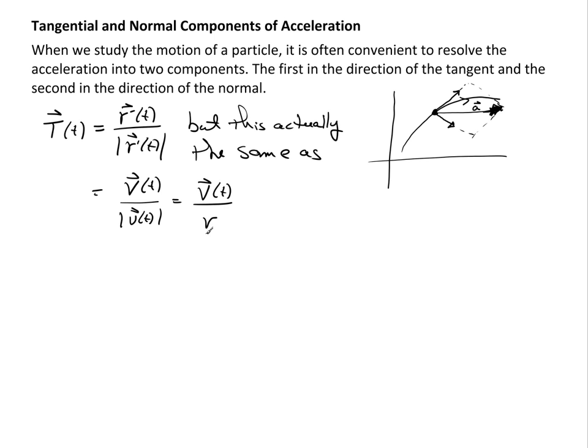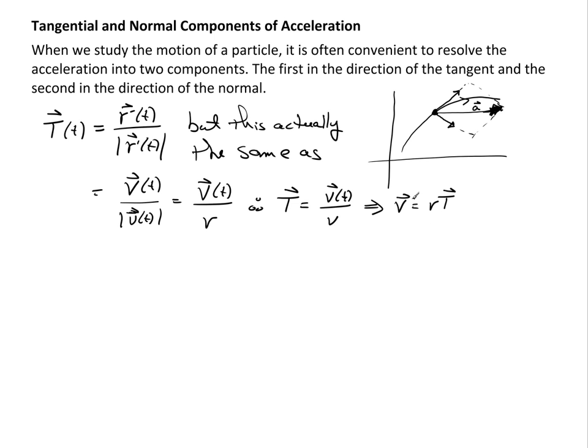I'm using v to represent the magnitude, it's a function of t, but it's no longer a vector. Therefore, this unit tangent vector is equal to the velocity vector over v, which would then imply that the velocity vector can be written as the magnitude of the velocity, v, times the unit tangent vector.